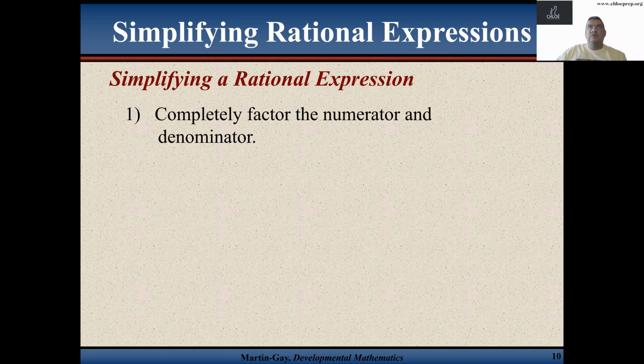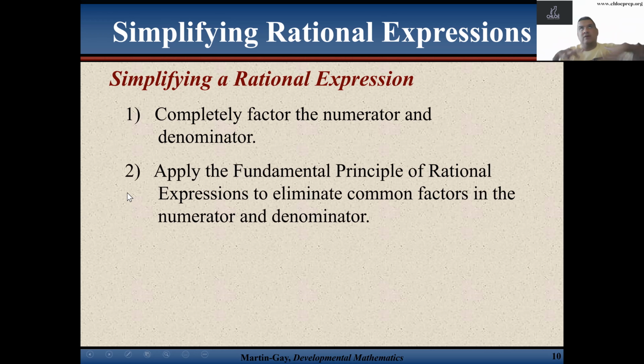I can tell you from my own experience of huge rational expressions, like 30 terms on the top and bottom, but they all match up, I just cancel them all out. That's a lot easier. So that's why we want to factor, because if I remove the factors from the top and bottom, the answer is going to be the same, but my work is going to be a lot easier. And again, it's a lot of experience of seeing that.